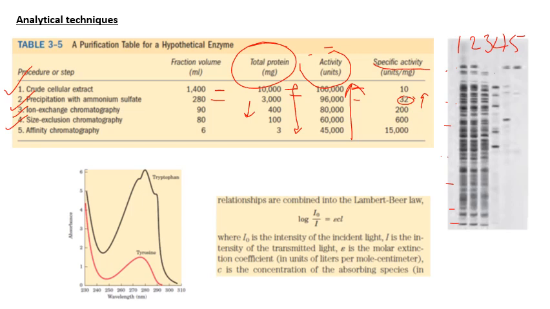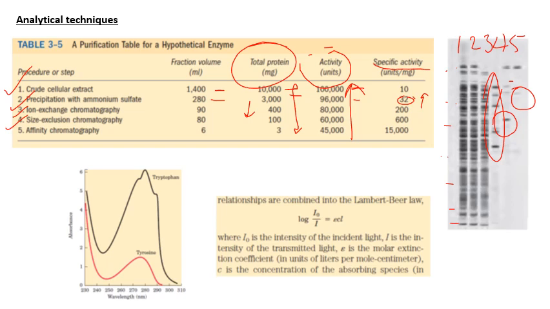So you can see that in this step, all the proteins that had certain isoelectric point or ionic properties were separated, and then proteins with a certain size, which is here, got separated, and ultimately you got the protein that was specific for your interest. So this is an analytical technique which is routinely used in the labs to analyze the purity of your proteins.